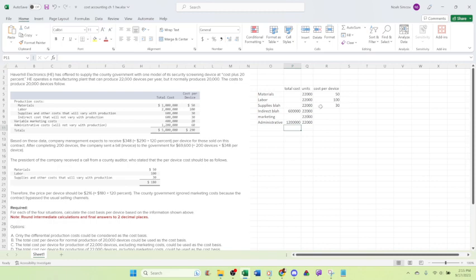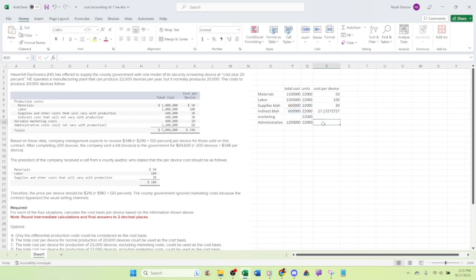So weirdly enough, you have to complete this table. You have this information. You need to come up with these three numbers and this number and this number. The total cost is variable, so this equals this times this, and the same goes with labor and supplies because they're all variable. Then this number times this number equals this, and this divided by this equals this.